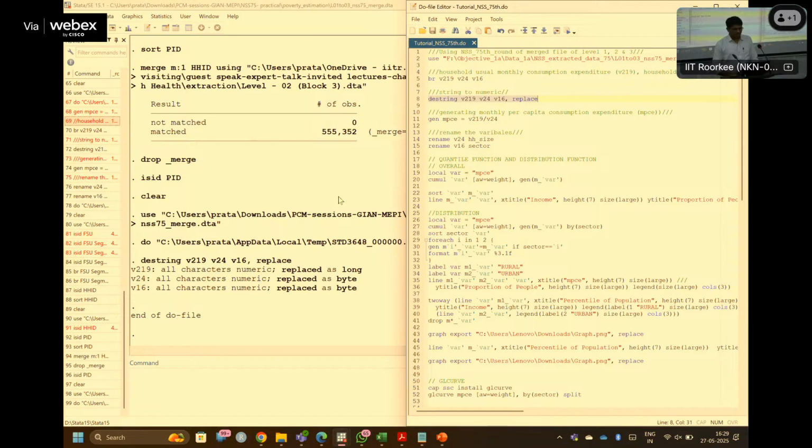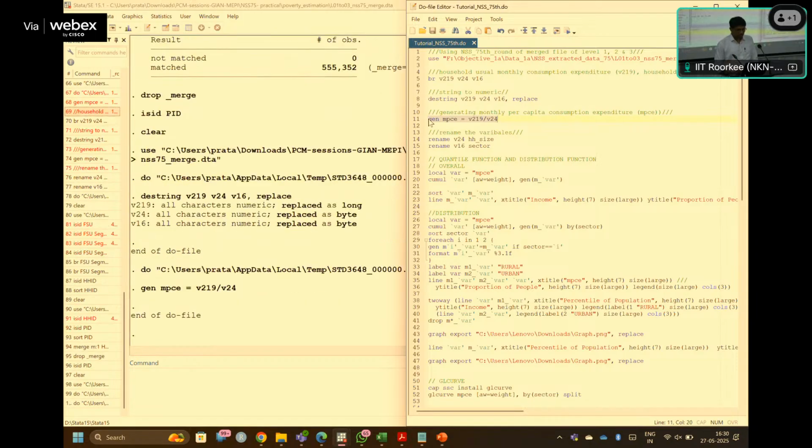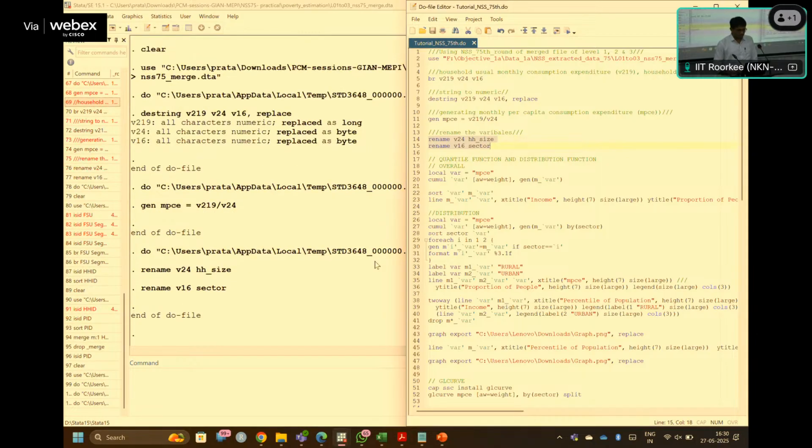Is it fine? So at this moment, I'm going to create the MPC file by dividing at the individual level. Then for better understanding, we are renaming this. I think these have been renamed.